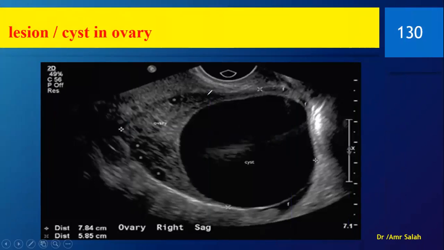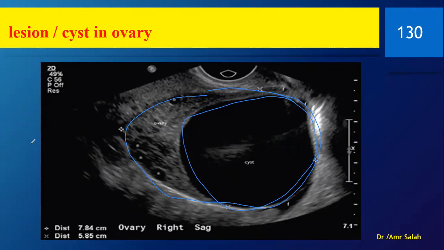Again, this is the ovary. Some follicles here are pushed to the side, and we have this huge cyst within. Of course, you can say that this is ovarian because, voila, this is the peak sign. This is the ovarian tissue around the cyst. So this is a huge ovarian cyst. This is one of the non-specific signs.